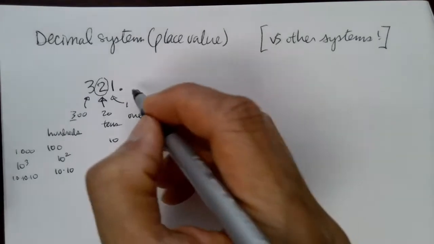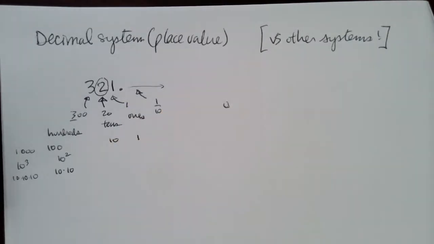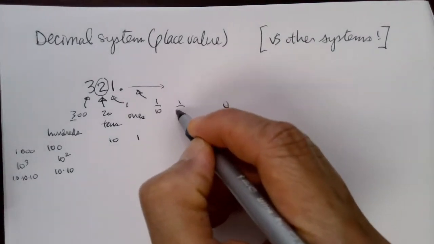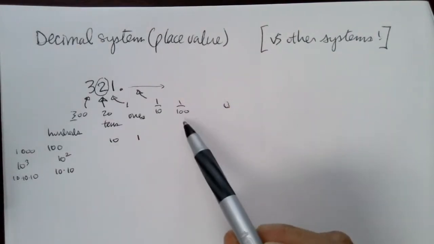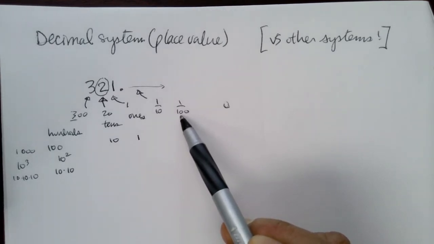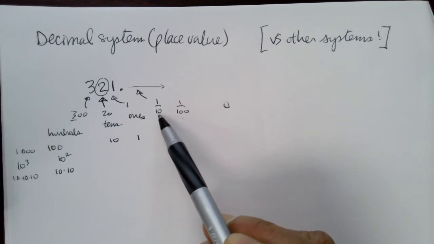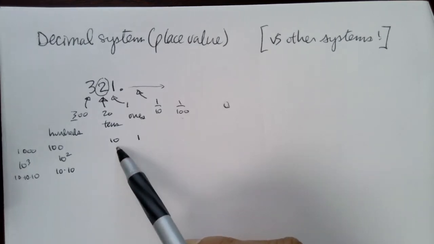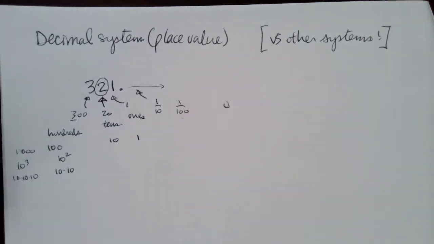And so we could go out this way as well, but they're also powers of 10. So as I move from right to left, each place is 10 greater than the one preceding. 1/100th, 1/10th, times 10 is 1, times 10 is 10, times 10 is 100, times 10 is 1,000, etc.